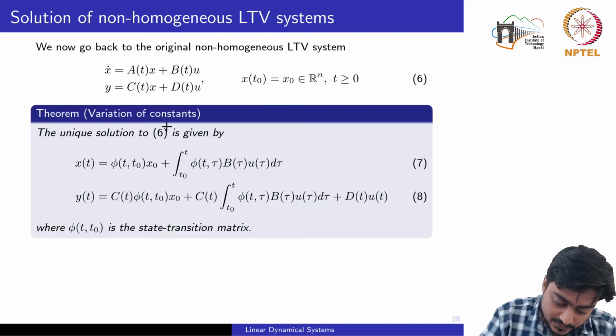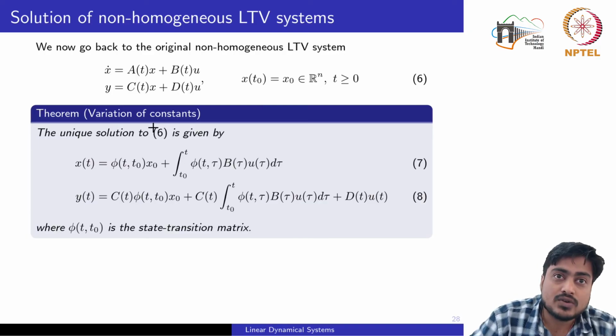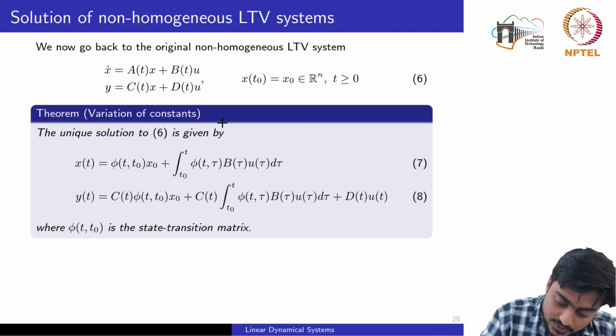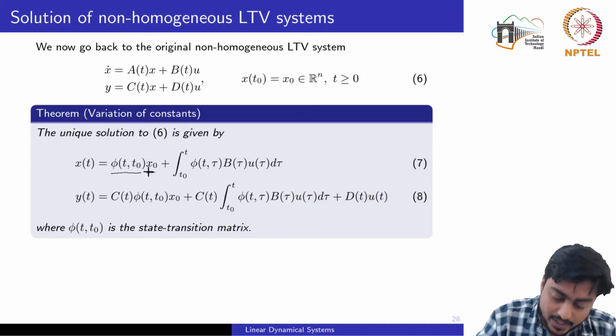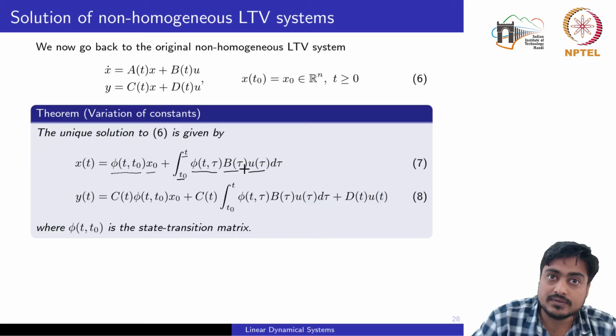In this result, which we also call the variation of constants, the unique solution to this system is given by x(t) equal to the state transition matrix multiplied by the initial condition, plus the integral from the initial time to the current time of the state transition matrix, the input matrix, and the input signal itself.